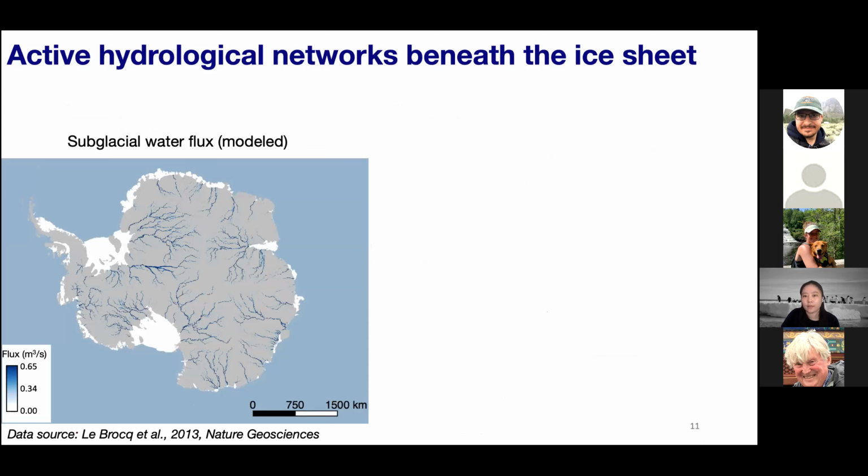Also, there is an active hydrological system underneath the ice sheet. Here's a figure that shows the subglacial water flux distribution. This water can move from the interior of the ice sheet towards the coast.